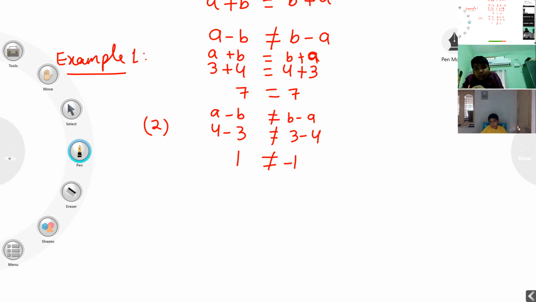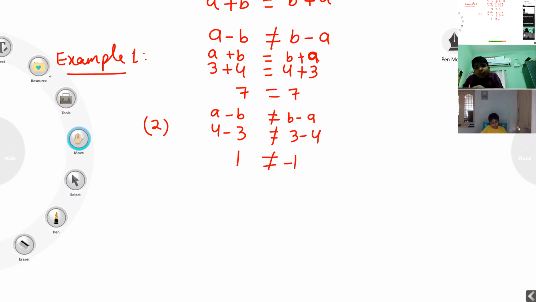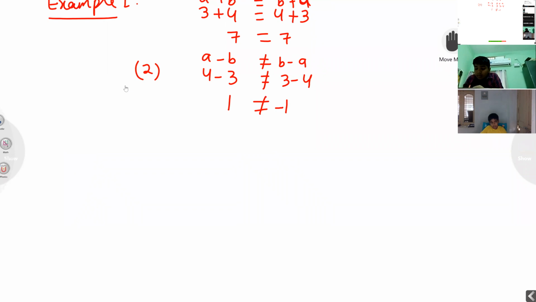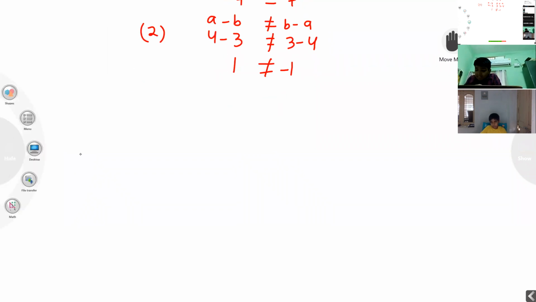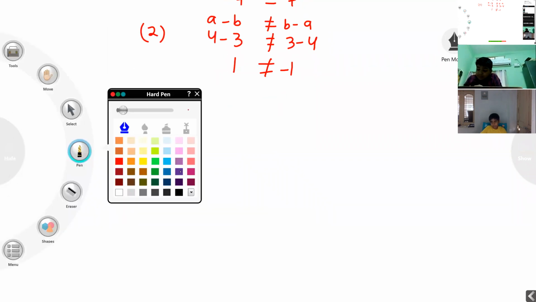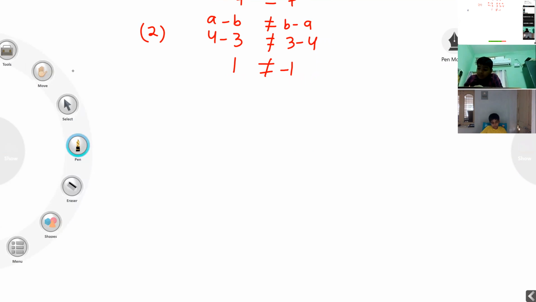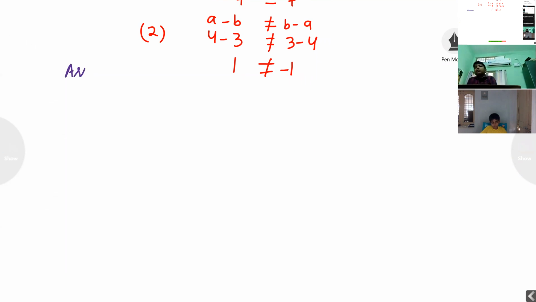Next, associative property. The next property is the associative property.